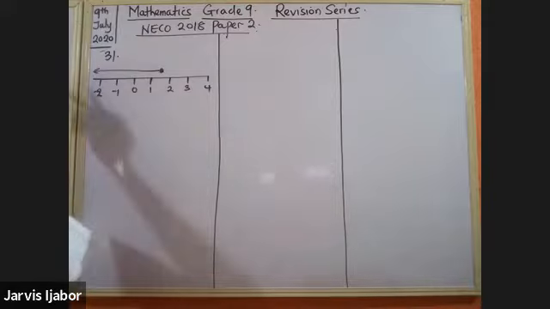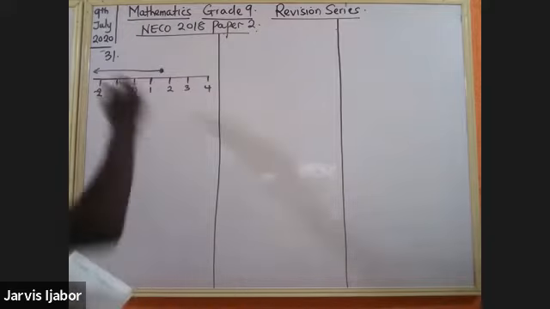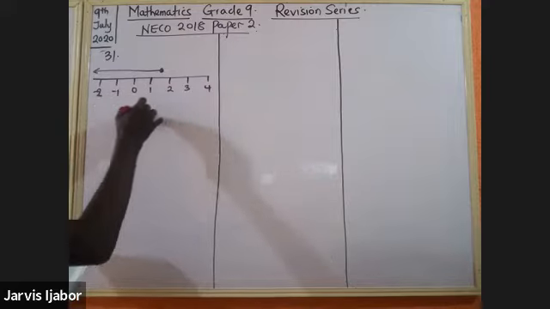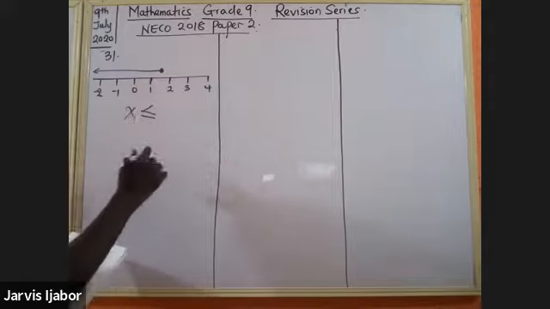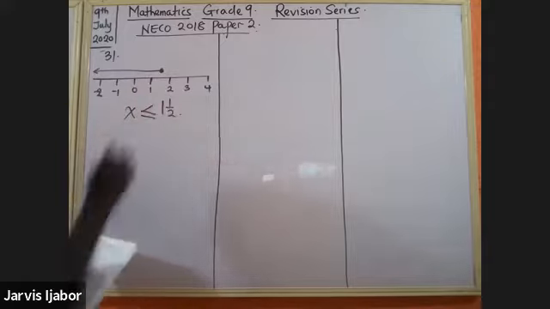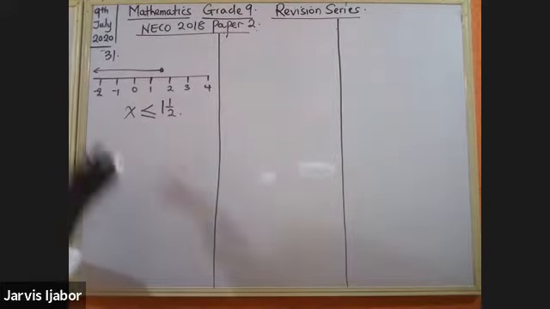Then the direction of this arrow tells you that it is what? Less than. If it goes in this direction, it's greater than. So it means from this diagram, x is less than or equal to what? The number between 1 and 2, that will likely be 1.5. So that solves that question, and the answer is 1.5.